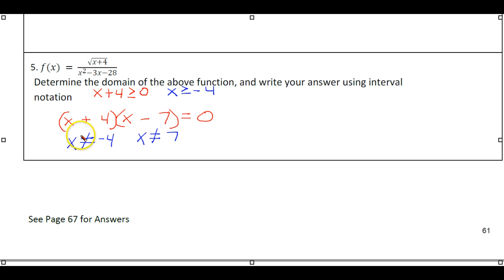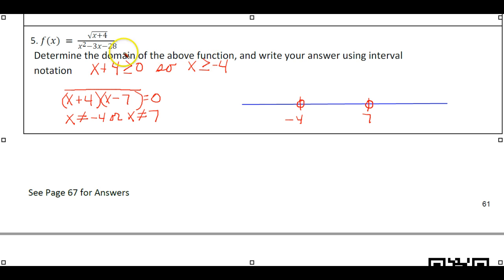Now, here, we had to factor our denominator and then solve for what values would make our denominator a 0. Well, here it would be a -4, or x cannot be a 7. Those values would make this denominator a 0, so these are excluded.